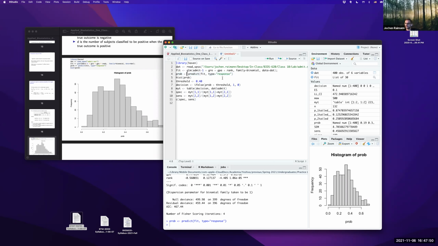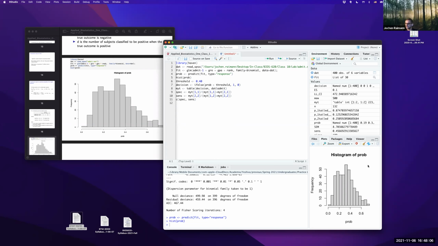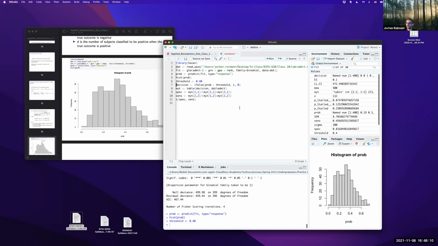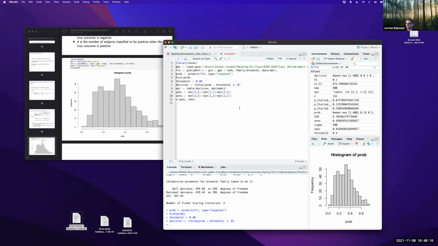That means that probability is here a vector of 400 probabilities, which are consistent with the 400 entries in our data. If we are mapping out this probability, we're seeing here the same distribution that we see in the lecture. And now we're building a decision, yes, no, for our probability.